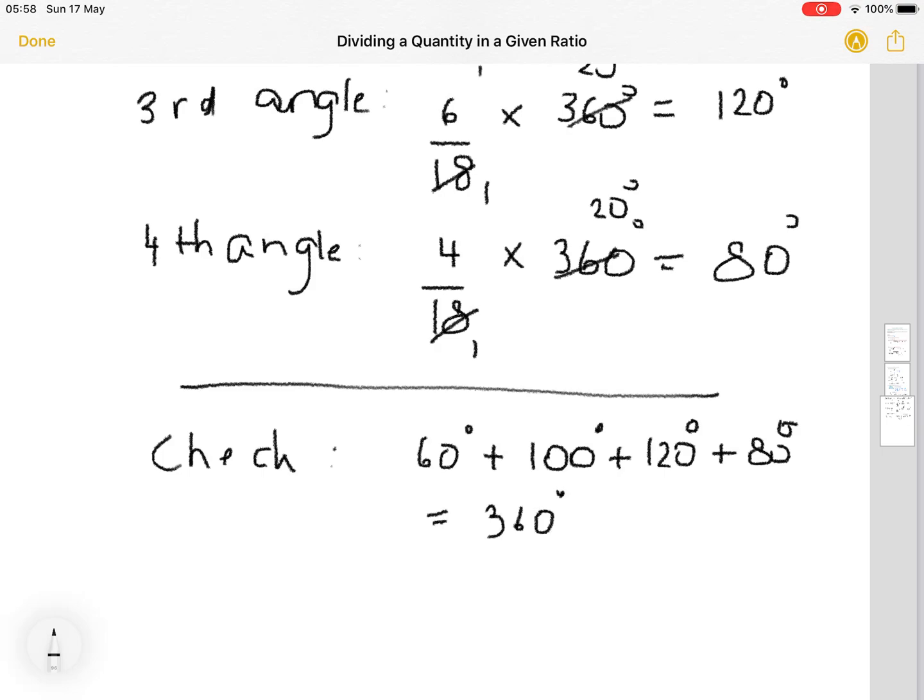Since my answer agrees with the given total, then all my workings are correct.